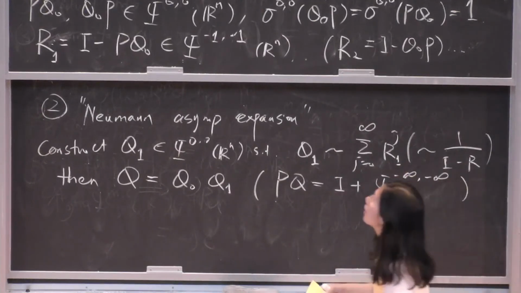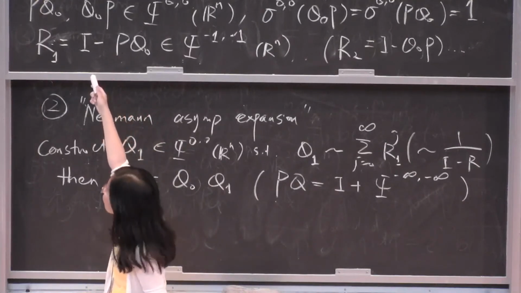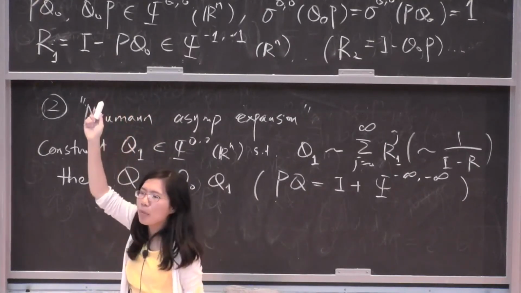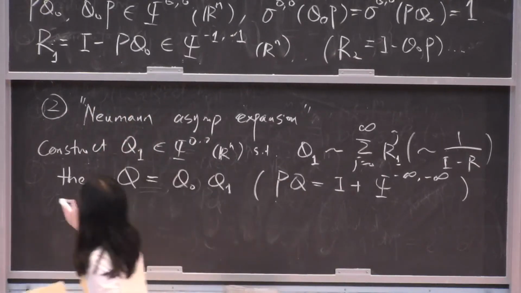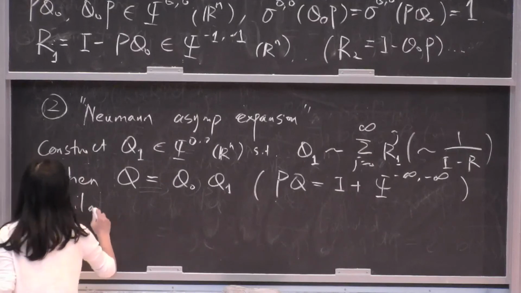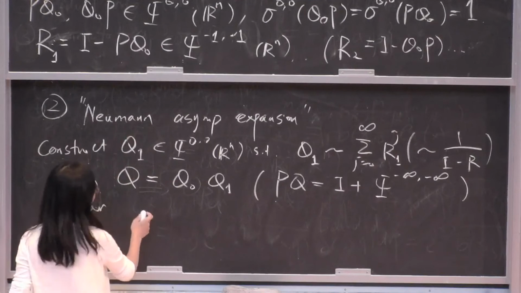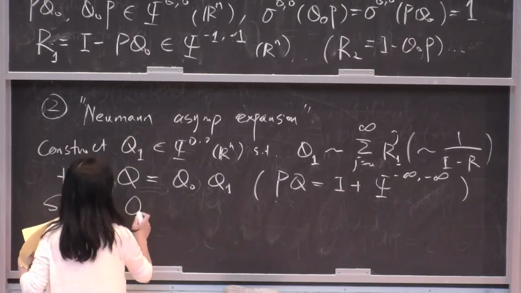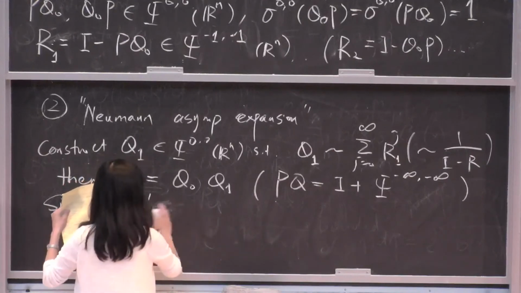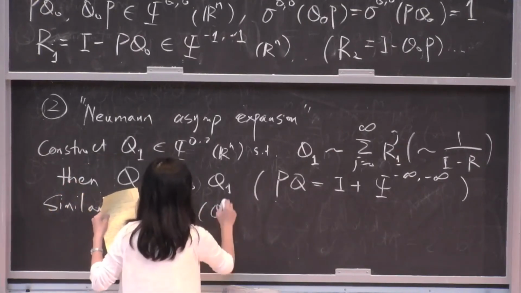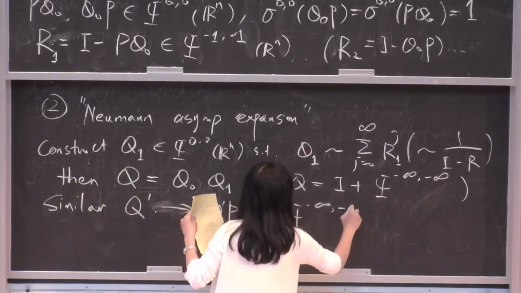So what's happening here is that while I apply this 1 minus r, I'll multiply by 1 over 1 minus r, so everything goes through. And similarly, you can invert this 1 minus r2, and you get a Q2. So that is Q prime, which will satisfy Q prime P equals identity plus psi minus infinity.